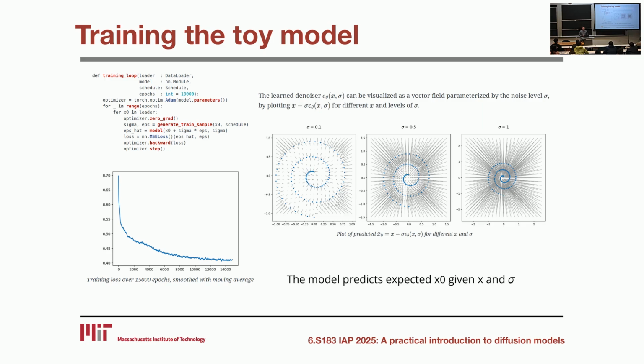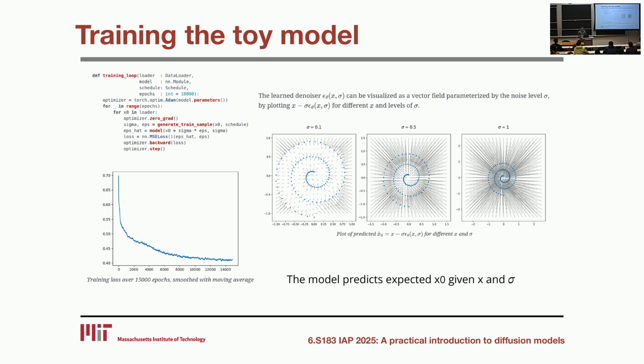We use this learned denoiser to predict the clean data at different noise levels. So here, this is a very small noise level, this is a medium noise level, and this is where the noise level is large. And here we're starting at different points in this 2D grid and asking it to predict the clean data. And what do we get? So this arrow corresponds to the prediction, the predicted x0 for different points, say x sigma.